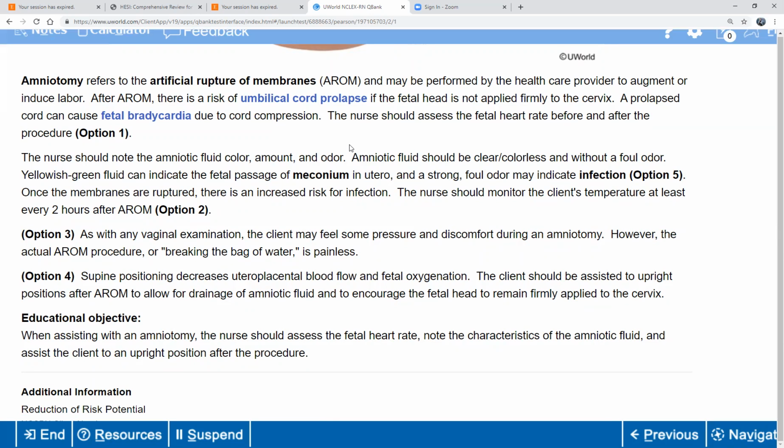Okay, now the amniotic fluid should be clear, colorless, and without any foul odor. If it's yellowish-green, the fetus has had meconium in utero. A strong, foul odor indicates infection.